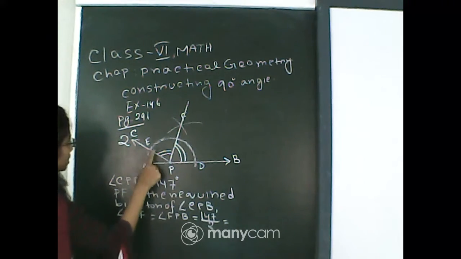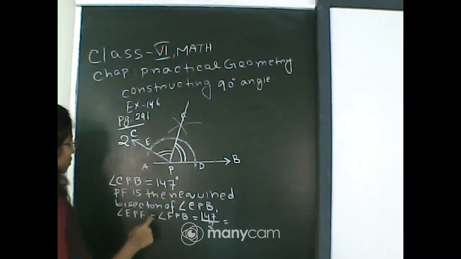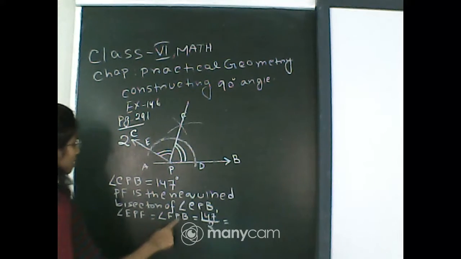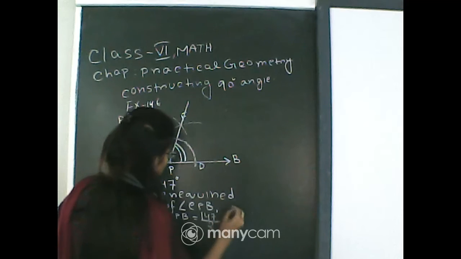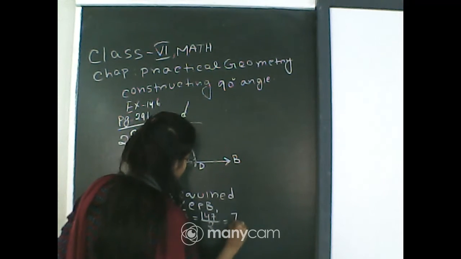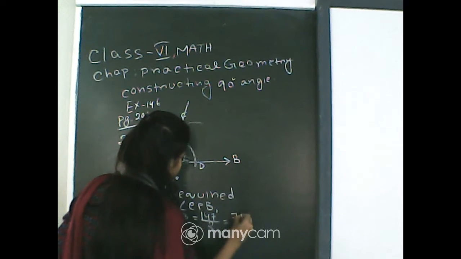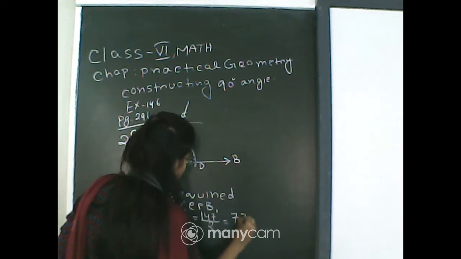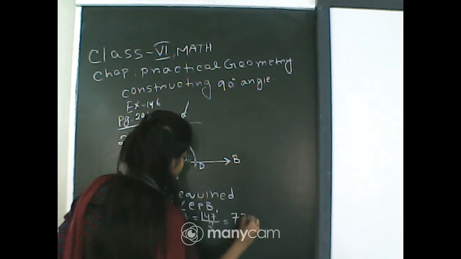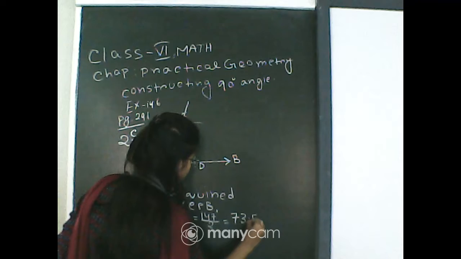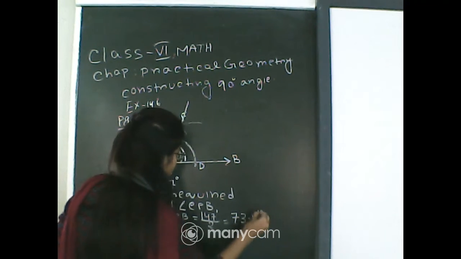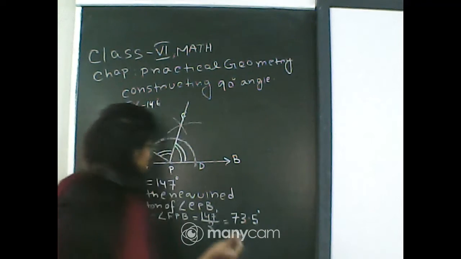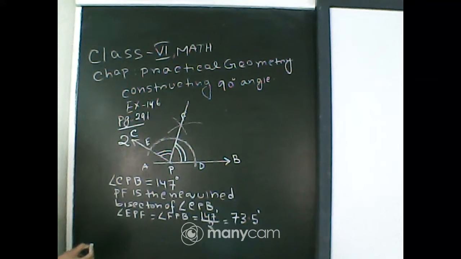Therefore, angle EPF is equal to angle FPB is equal to 147 degree divided by 2, that is 73.5 degree. Okay.